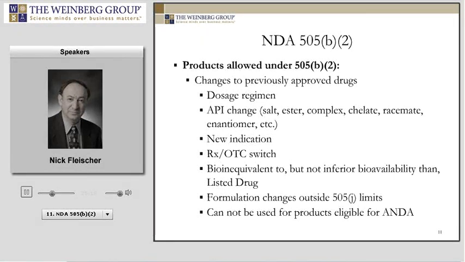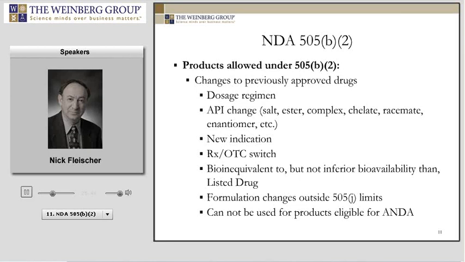One of the other most often used 505(b)(2) NDAs that we've seen is formulation changes that are outside the 505(j) limits. Many of the 505(j)s, the ANDAs, utilize the FDA's inactive ingredient guide, the IIG, for a good understanding of the amounts of excipients that may be utilized.